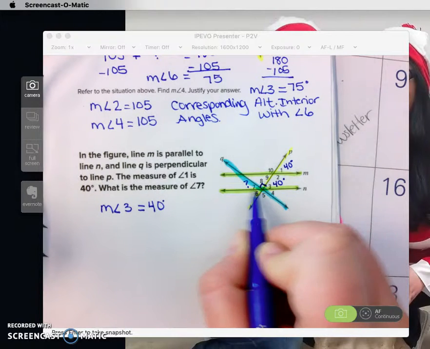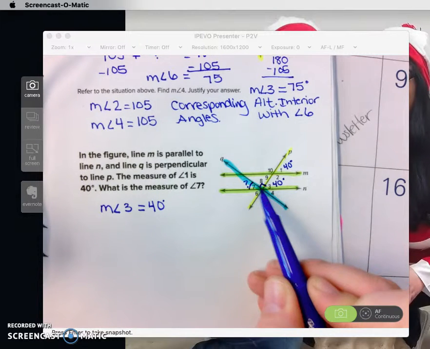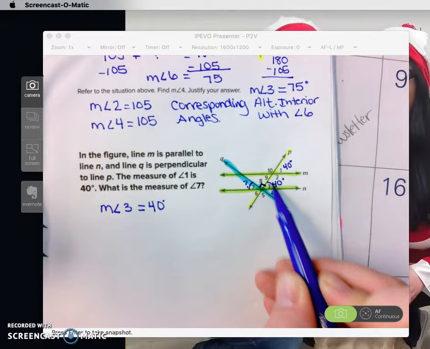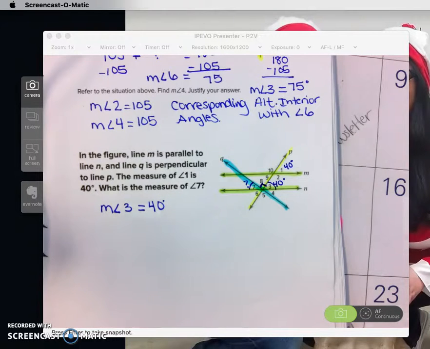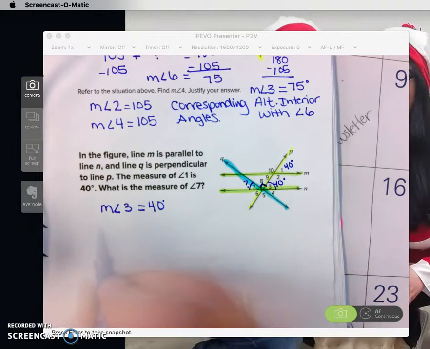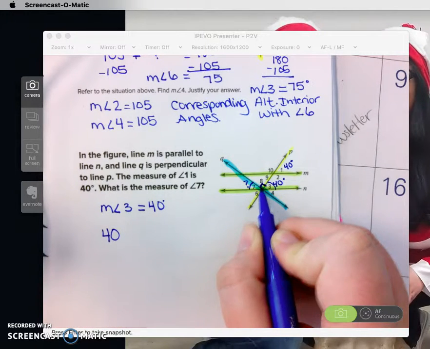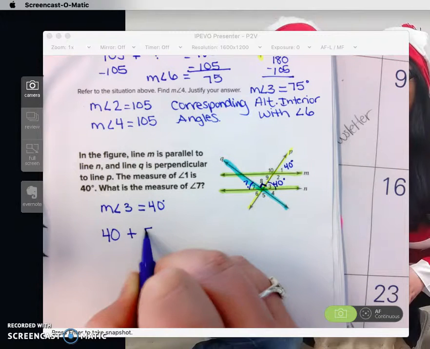Now, right here, my green line, this angle, this one right here, and this one, when added together, equals 180 degrees because it equals that straight line. So I have to add that 40 degrees plus my box, which is equal to 90 degrees.